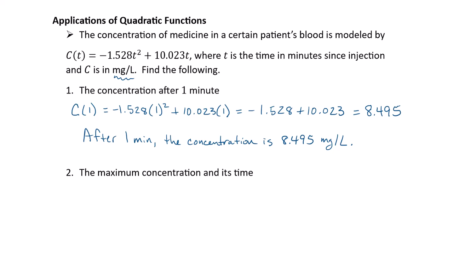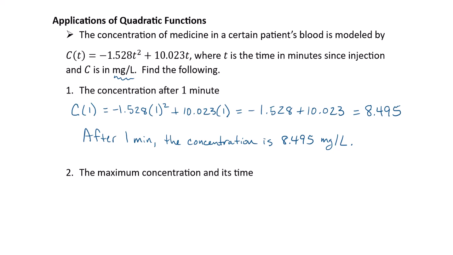Now in part 2, they want the maximum concentration and its time, the time that it takes to get to that maximum concentration. At first it seems like you don't have enough to be able to answer this. In part 1, at least they gave us the time. Now they're asking for the time and the concentration.